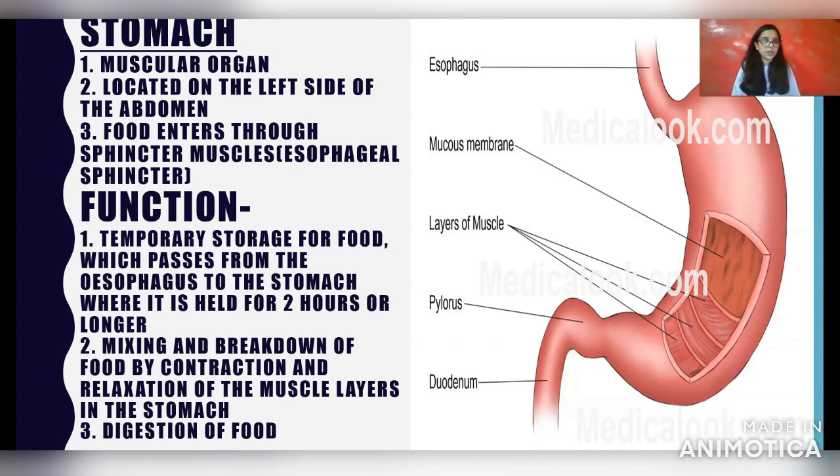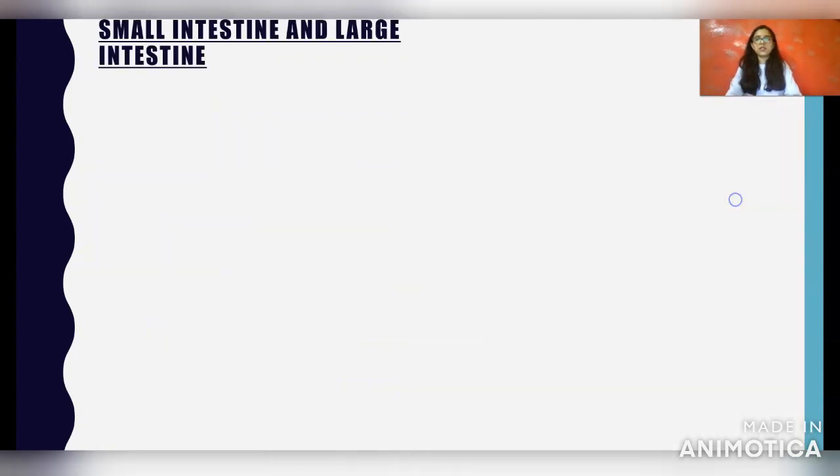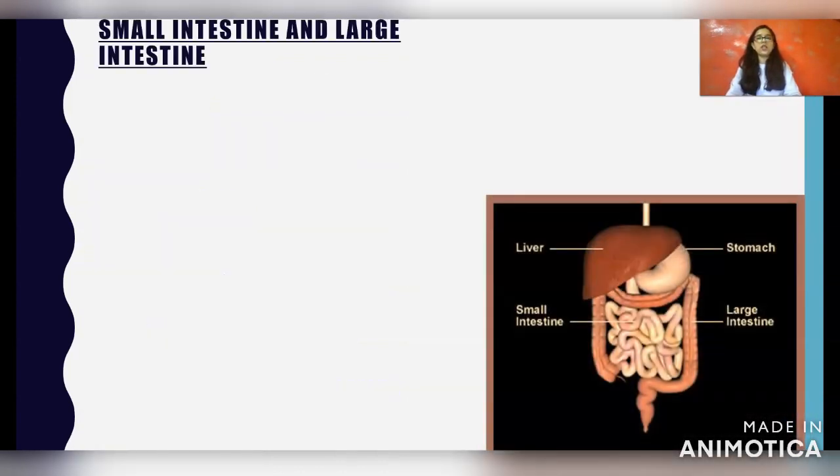Digestion of food is done in the stomach with the help of hydrochloric acid. We all know that hydrochloric acid is acidic in nature. That's why whatever food is coming from the esophagus mixes into the hydrochloric acid and is broken down. Then next it enters into the small intestine and large intestine.